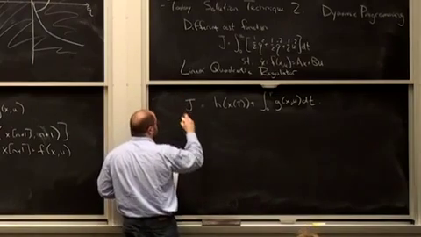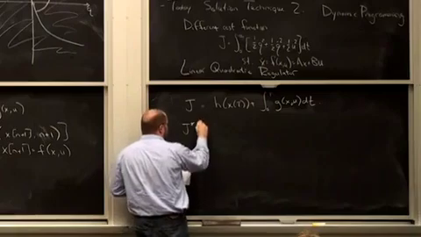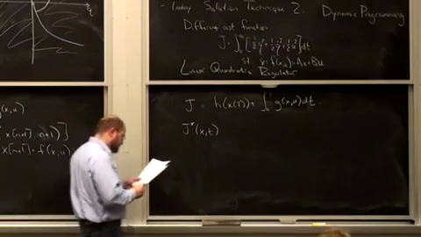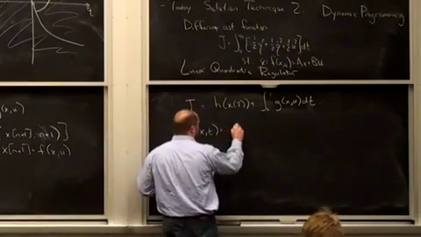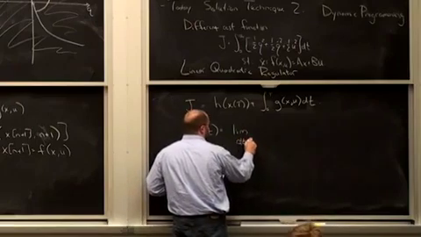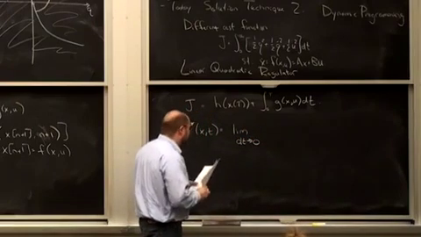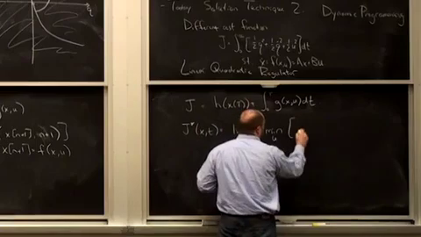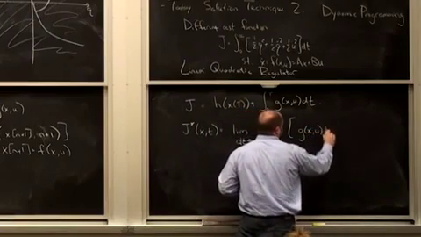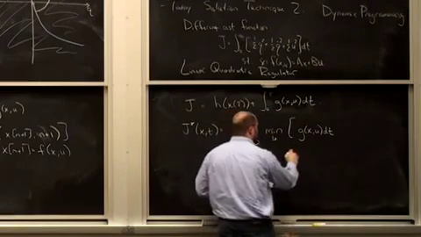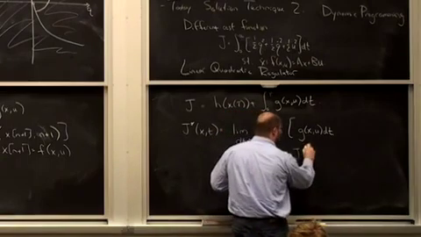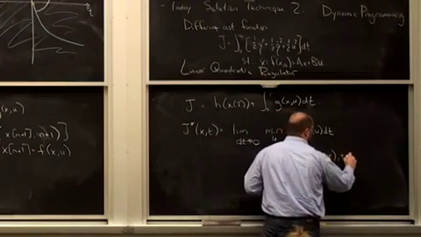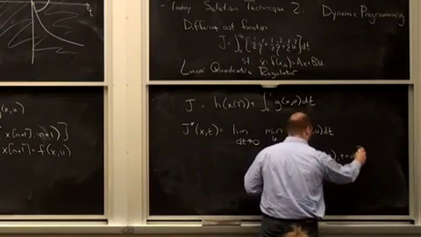The analogous statement from this recursion in the discrete time is that J(x,t) is going to be a limiting argument as dt goes to 0 of the min over u of g(x,u) dt plus J(x, t plus dt).